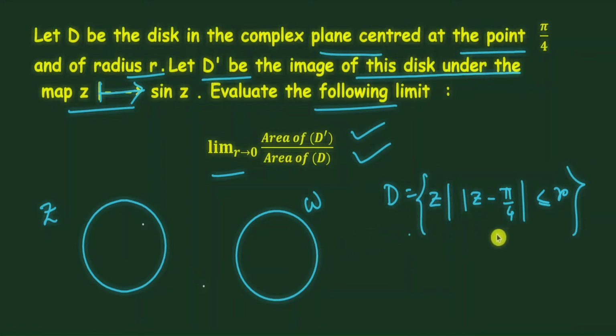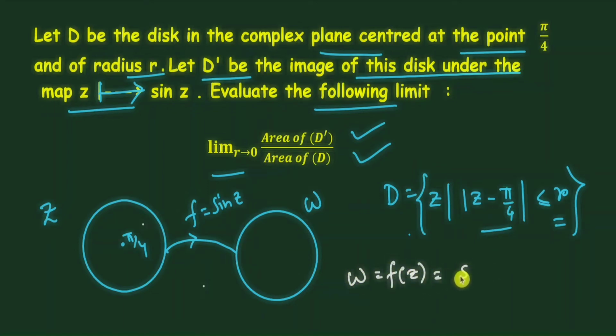This is a circle with center pi by 4 and radius r. This is the w plane and the map is f, so f equal to sin z. That means the mapping w equals f of z, which is equal to sin z.